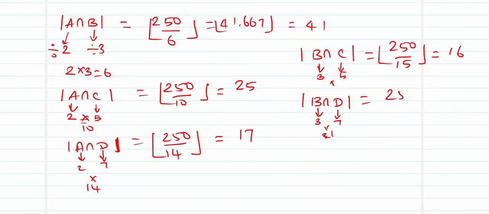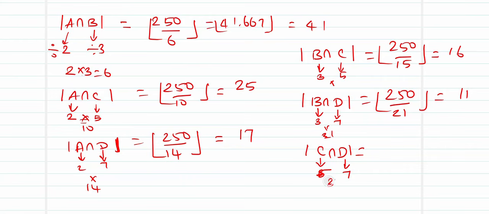So 250 divided by 21, and the answer will be 11. Next we have C intersection D. C is for 5 and D is for 7. So 7 into 5 makes it 35. 250 divided by 35, take the floor of it, and you have 7.